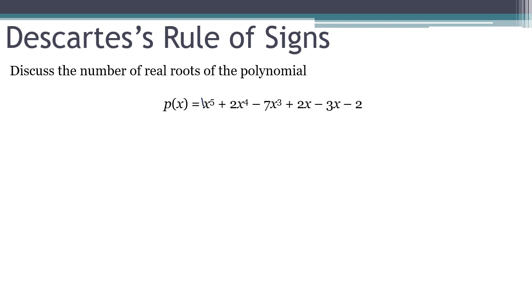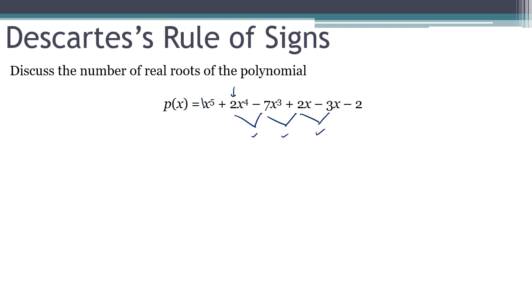The first coefficient is positive, the second coefficient is positive, so there was no change in sign. Going from the 2 to negative 7, there was a sign change, so that's 1. Negative 7 to 2, that's another sign change. Positive 2 to negative 3, that's a third. And finally, negative to negative is not one. So this polynomial has 1, 2, 3 sign changes.